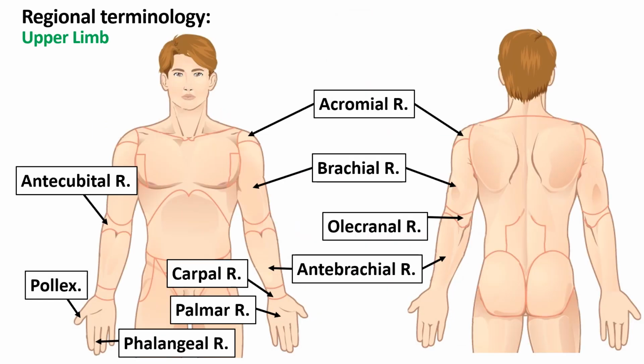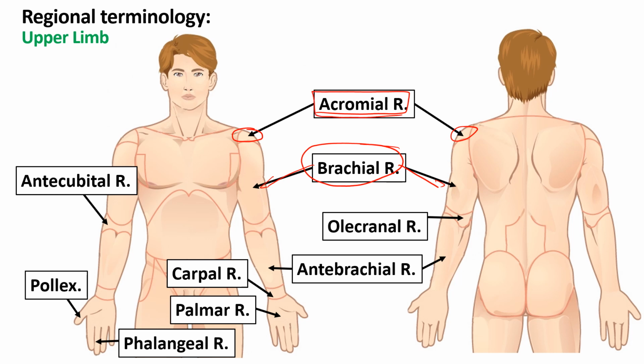All right, let's finish this part of the regions with the upper limb and lower limb. Now, what you need to look at here is that there are regions that are called the same way in the anterior and posterior view, like the brachial region, which is the arm, called the brachial region anteriorly and the brachial region posteriorly. Now, the tip of the shoulder, or the highest point of the shoulder, is called the acromial region.